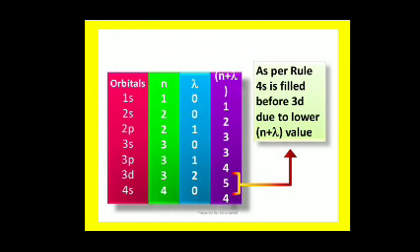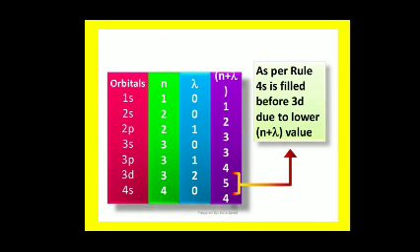As per the rule, 4s is filled before 3d due to the lower n plus l value. For the 4s orbital, n value is 4, l value is 0, so n plus l is equal to 4 plus 0, that is equal to 4.